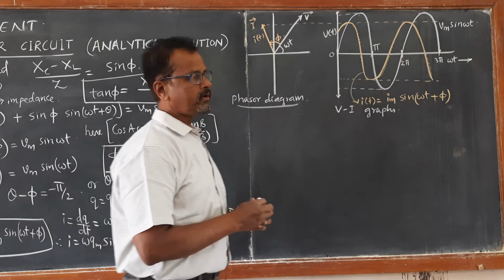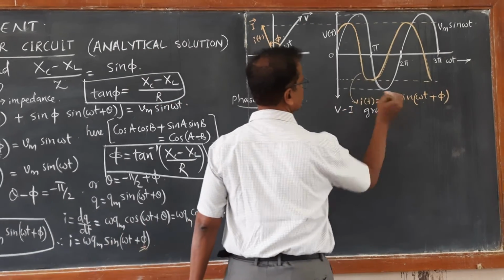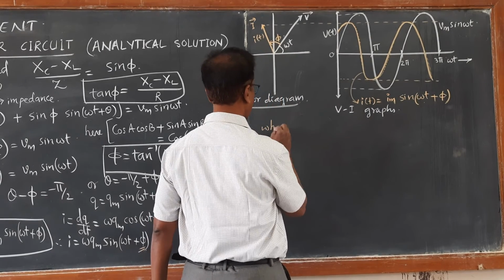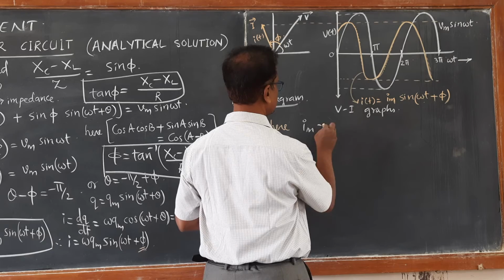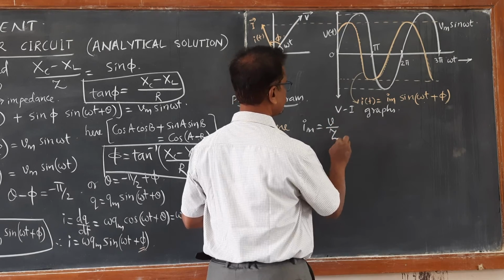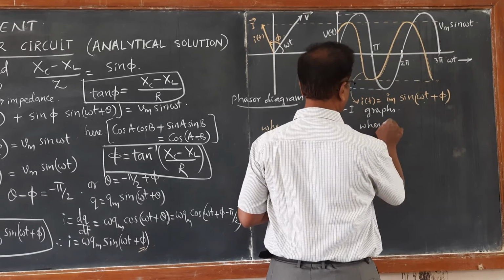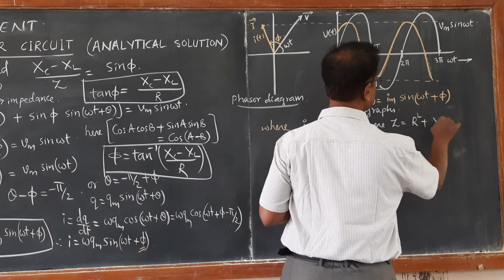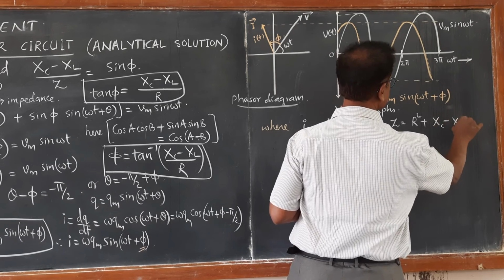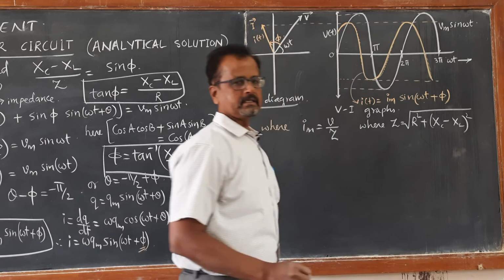So finally we got the equation for current where i(t) is equal to this, where Im is equal to Vm by impedance Z, where Z is the square root of R squared plus (Xc minus XL) whole squared, predominantly capacitive.